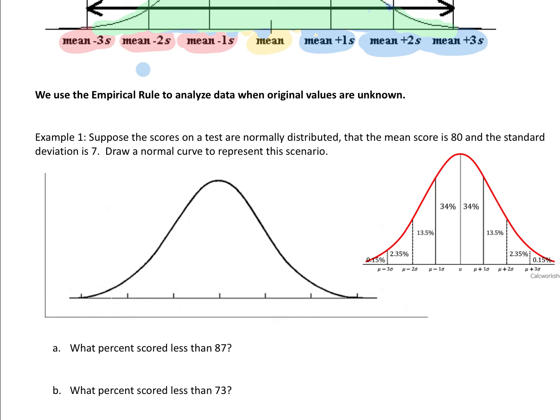Between the first and second standard deviation, you can see we have 13% above and below each, for a total of 27%. And then between the second and third deviation, first and second deviation is 2.35%, and then of course the last little bit is 0.15%.